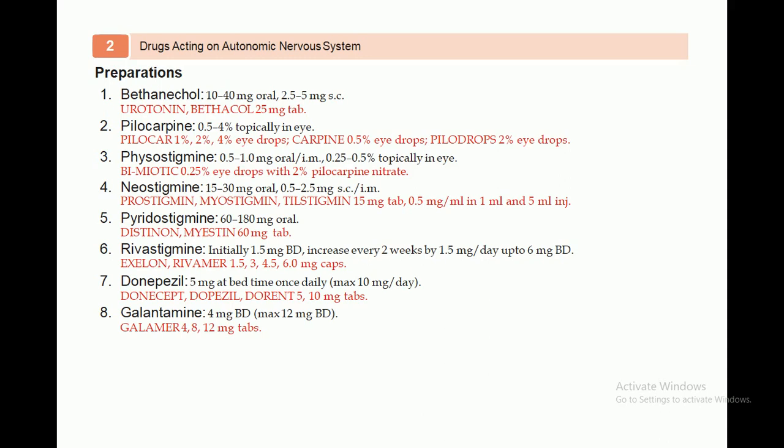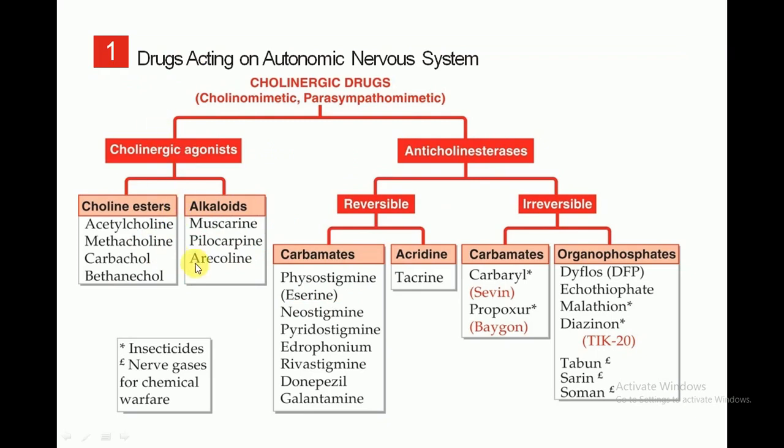So now come to the preparations. As we have already discussed, bethanechol is a choline ester which belongs to the cholinergic agonists.